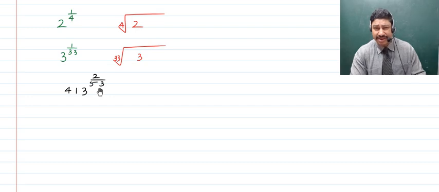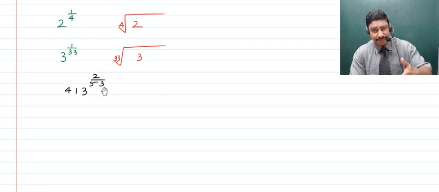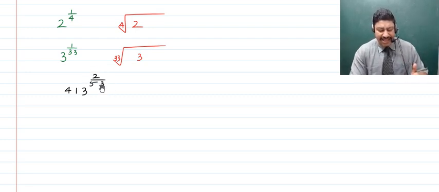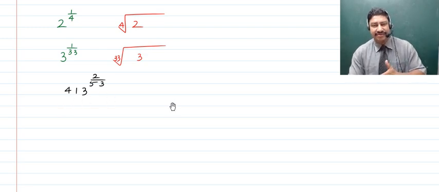So if it would have been a number like 8 upon 4, obviously it would have got simplified to 2, which is a number that is an integer. So if the exponent is a fraction which cannot be converted to an integer, then the result that you will get will be an irrational number.